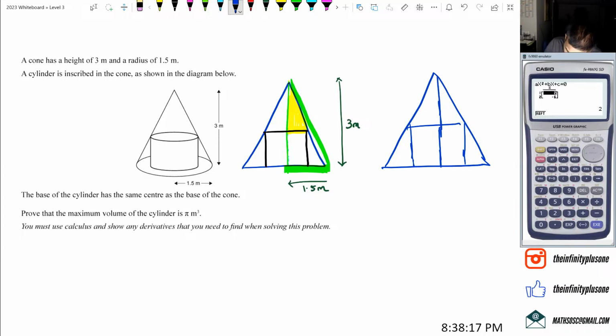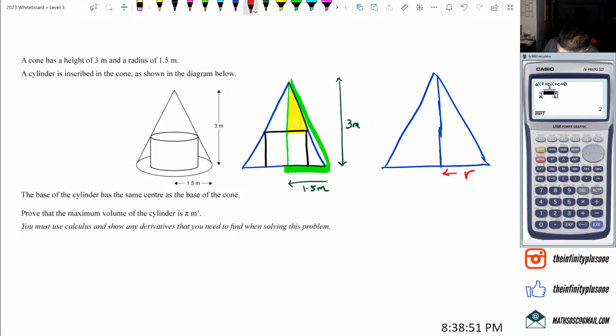So if this is the radius from here to here, then the distance for the triangle, the height, is going to be 2 times the radius. I want to do it in a way you guys can see it. Because it's similar triangles, this right here is the radius.